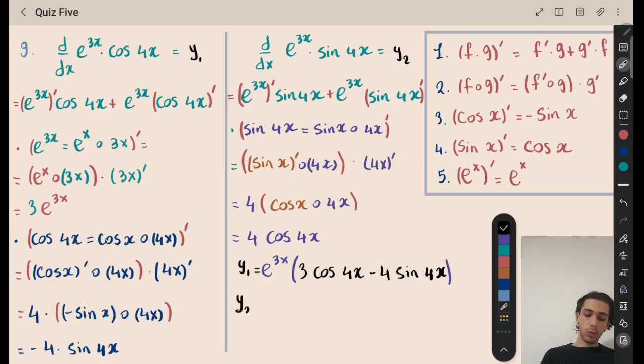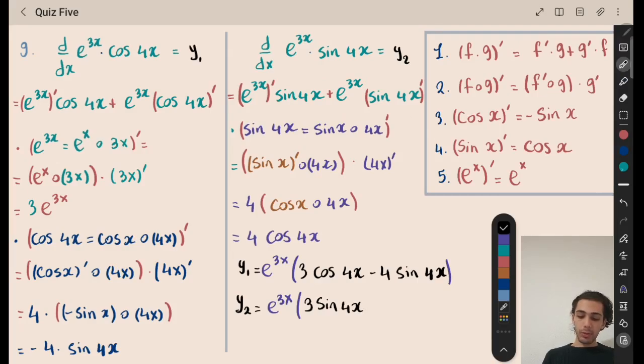As for the second one, you also get the factor of e to the 3x, because this is e to the 3x and this is e to the 3x, but this comes with a 3. So don't forget that this comes with a 3. So you get 3 times sine of 4x.